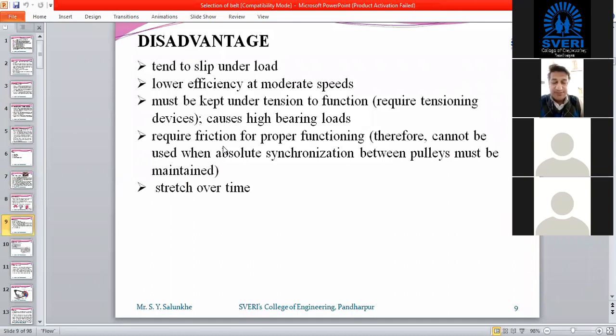Now the disadvantages, as I have mentioned here: 1, 2, 3, 4, 5 disadvantages. You can make it 10 also, because you can add one or two more disadvantages. This is a very famous question, to write the advantages and disadvantages, and students prepare more for such questions.